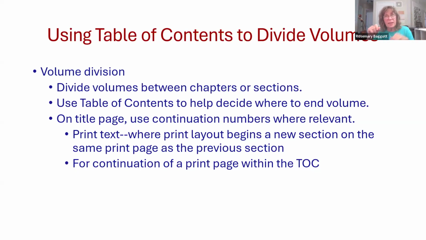If it stops in the middle of a page on your print, on the title page of the new volume, you're going to put the actual Braille page number and print page number it starts with. If it's page B50 instead of just 50, you put that on the title page. And also your last page in a volume, if you end on A50, that's going to go on your title page as the final page number.